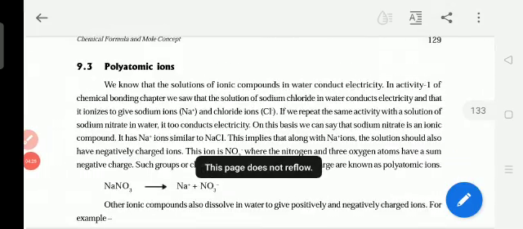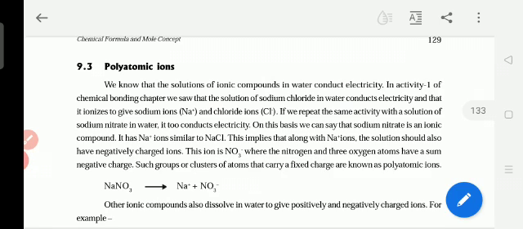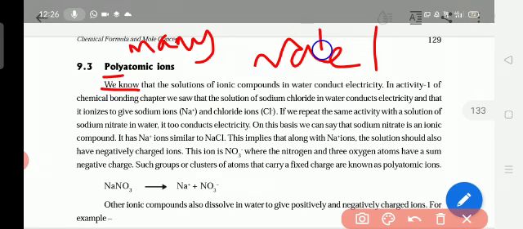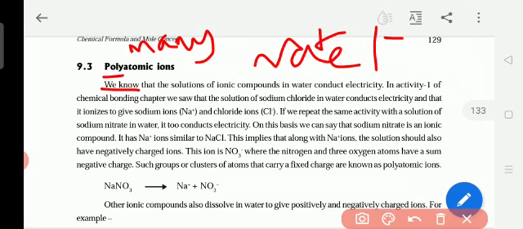And now we study about polyatomic ions. Okay, polyatomic ions. So we know that poly means what? Many. Ions, like sodium chloride. Ions are present in ionic compounds, formed by losing and gaining electrons.